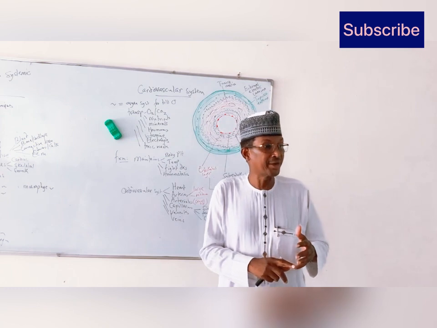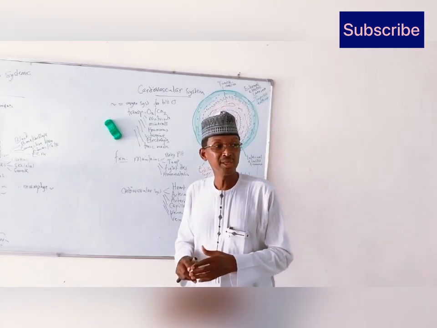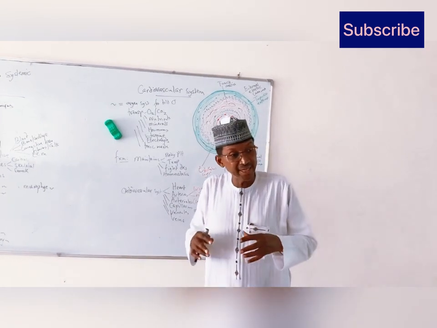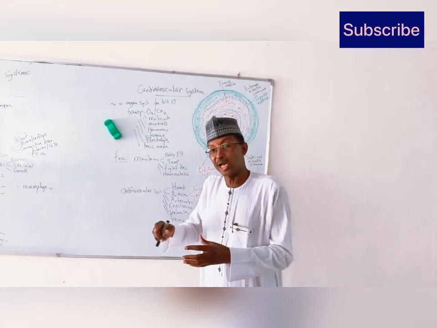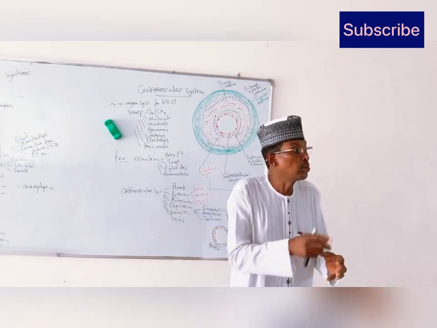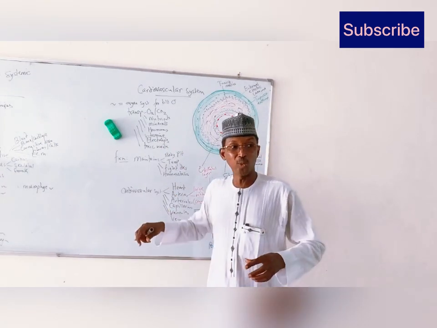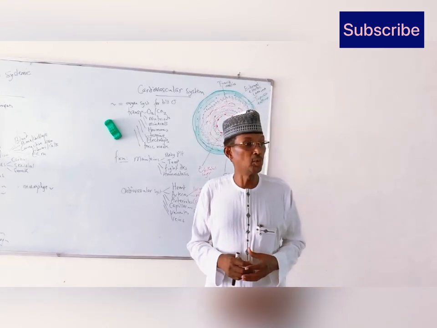All these carbohydrates, proteins, and fats and oils are taken through our gastrointestinal tract, and the GIT is going to degrade all these food substances, and so they are now going to be taken into the circulation. So the cardiovascular system is responsible for carrying these already digested nutrients.